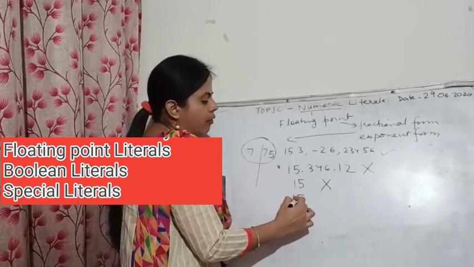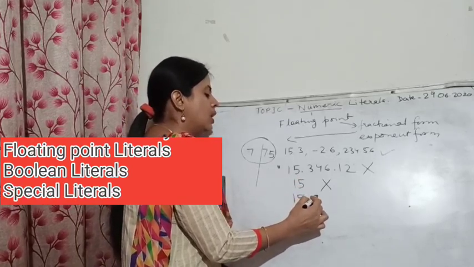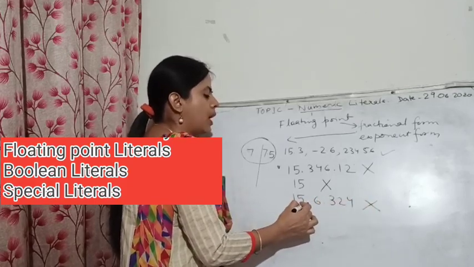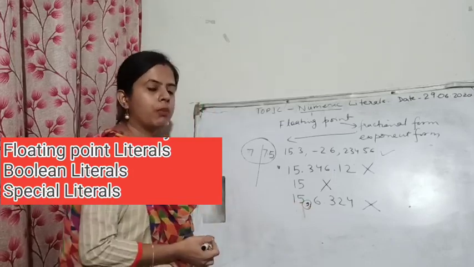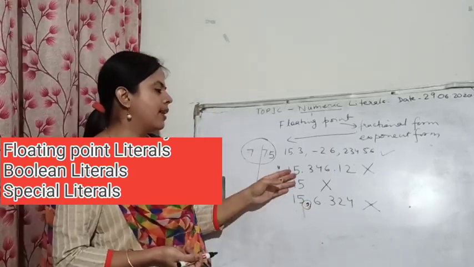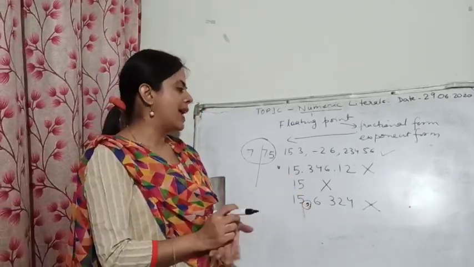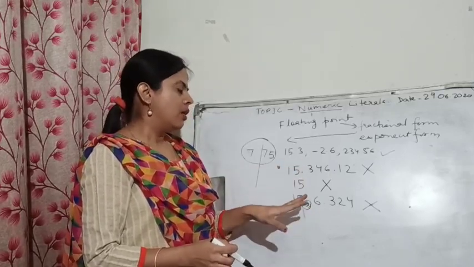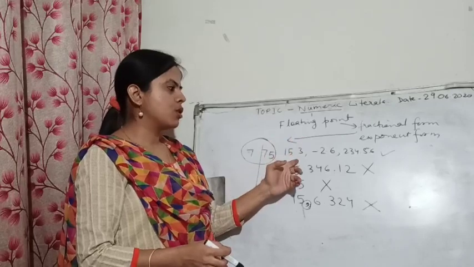Now suppose I have written 15,6.324. This is also not allowed, as a comma is not allowed in a floating point literal. This can create confusion, or it might come in the exam, asking which are the valid floating point literals. You can notice that it can be positive or negative.